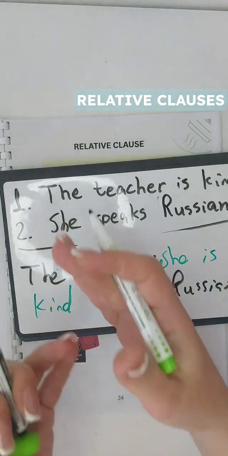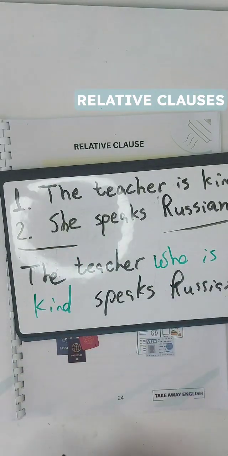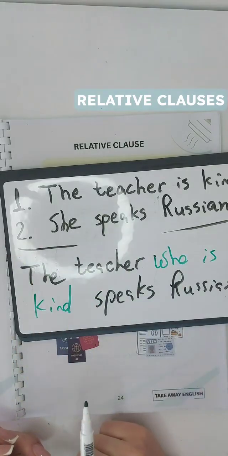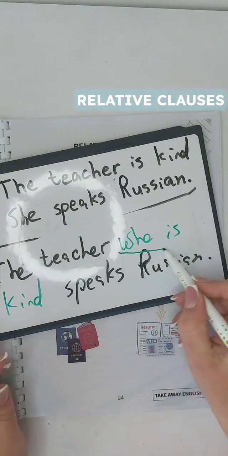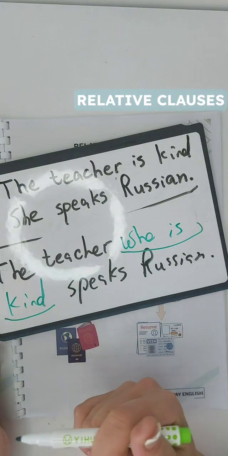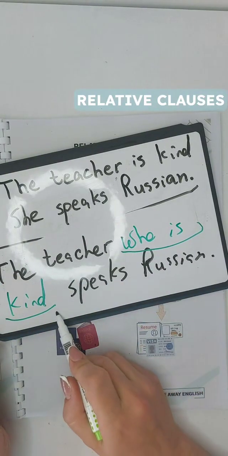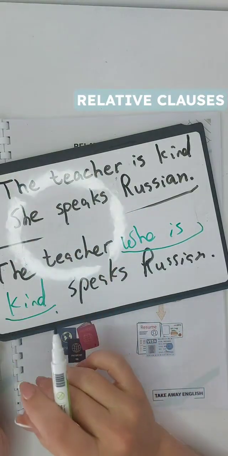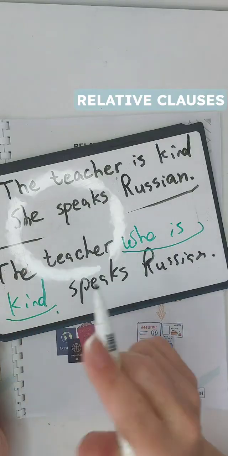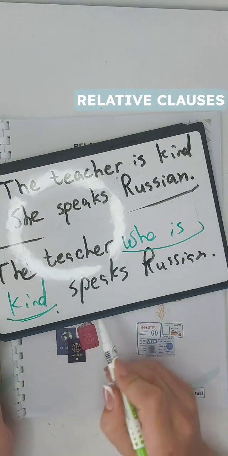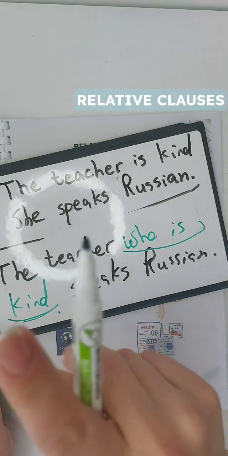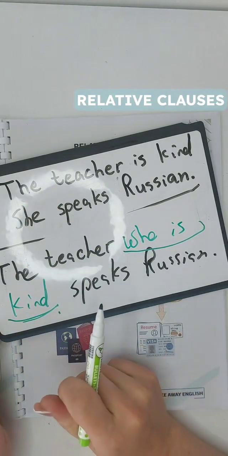Maybe there are lots of teachers, but the one who is kind speaks Russian, okay? Here, who is kind helps us understand which one. It tells us that there are lots of teachers, but the one that is kind speaks Russian. There are lots of teachers.